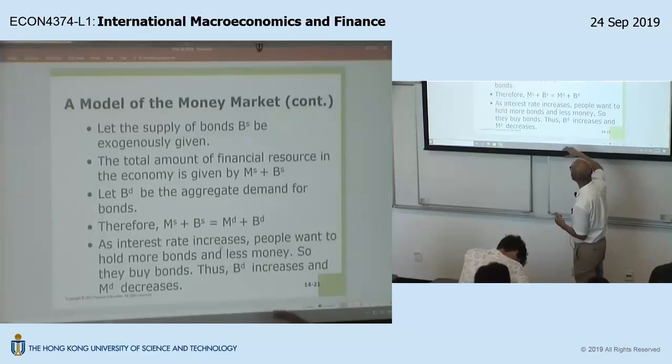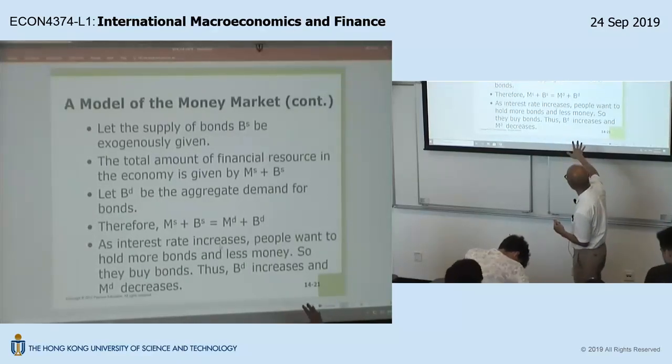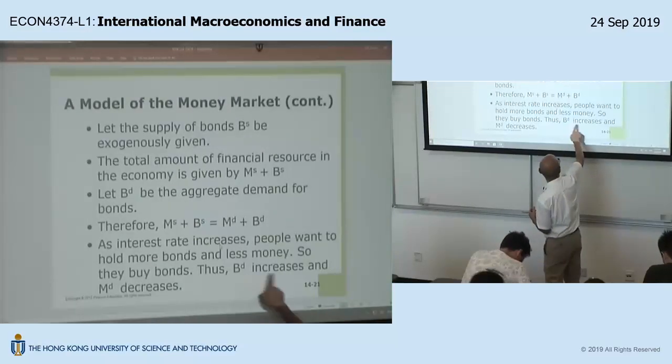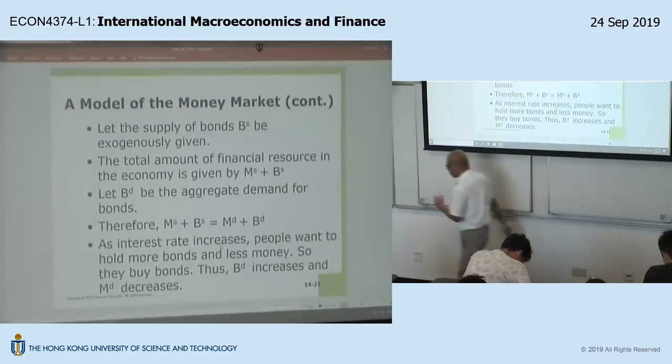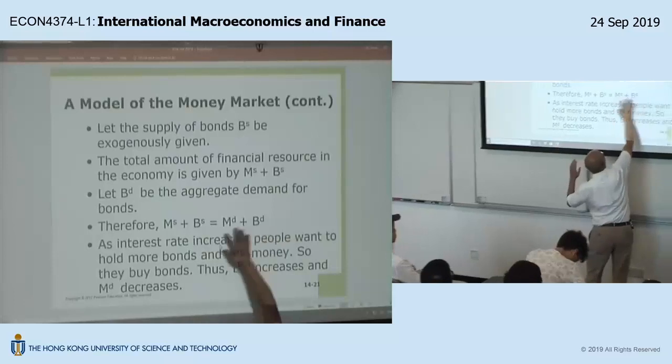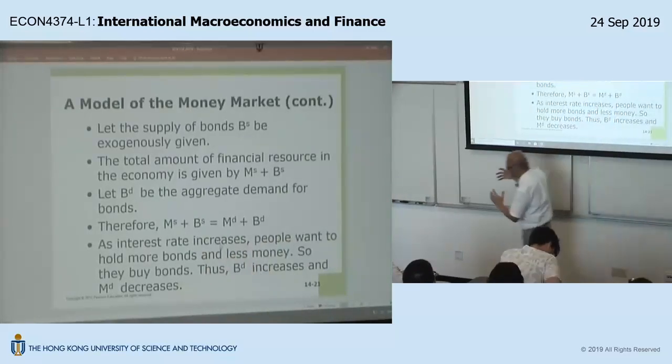As the interest rate increases, people want to hold more bonds and less money, right? So they buy bonds. As a result, BD increases and MD decreases. That's why I'm saying the demand for bonds and the demand for money are just two sides of the same coin.